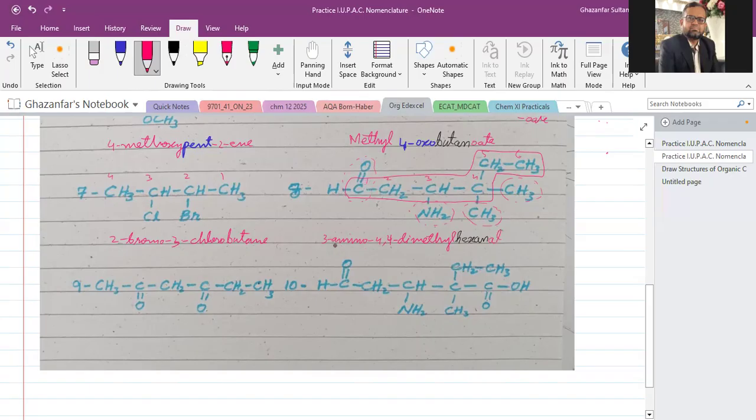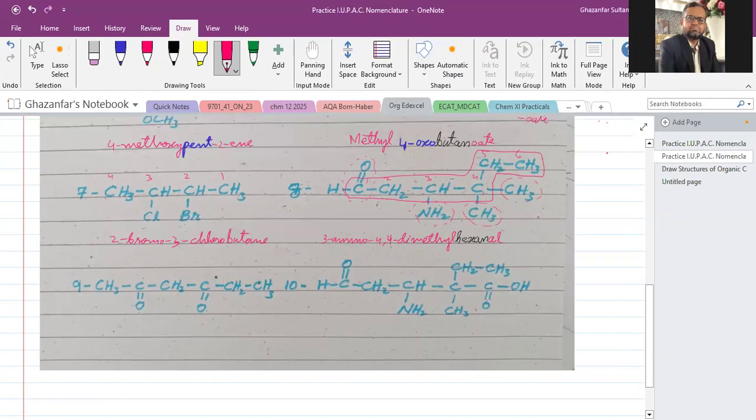So the name of this compound is 3-amino-4,4-dimethylhexanal. And for writing such a suffix, because al and ol are very similar, we should write the letters very clearly. Okay, so this is al, very clearly.